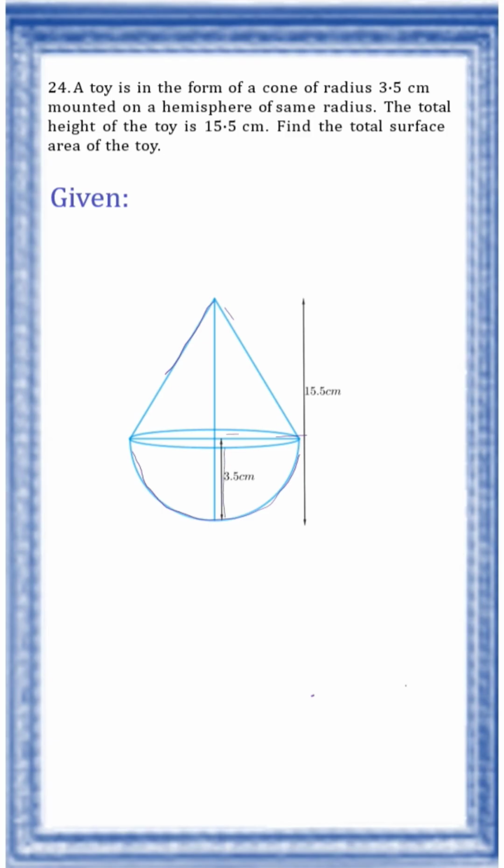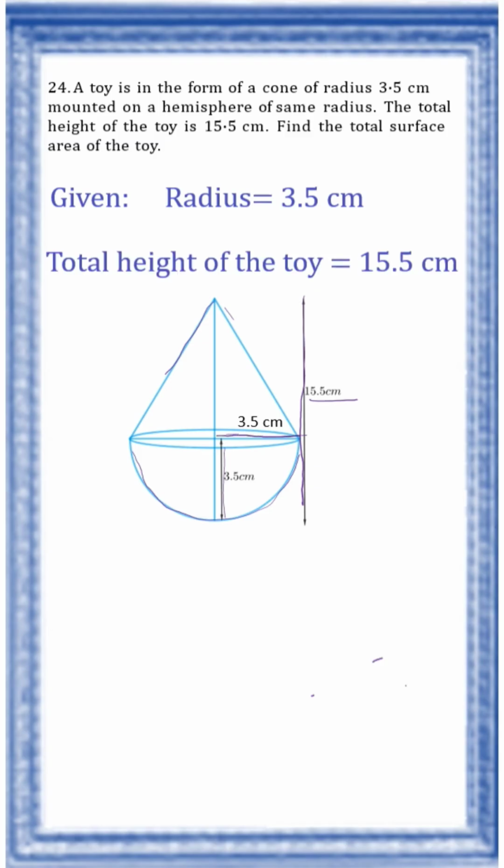Total height of the toy is 15.5 centimeter. Find the total surface area of the toy. Okay, so radius is 3.5 centimeter, both here and here. Total height of the toy is 15.5 centimeter. So now we can find the height of the cone.